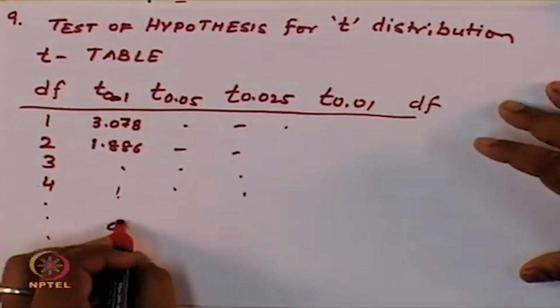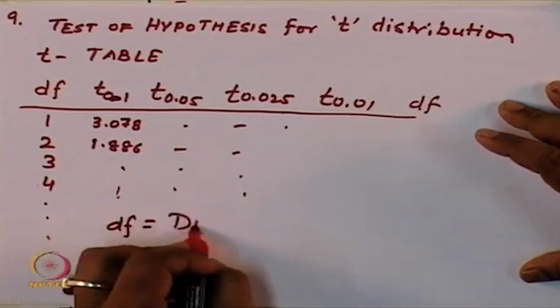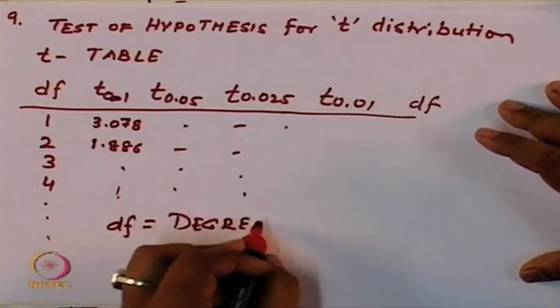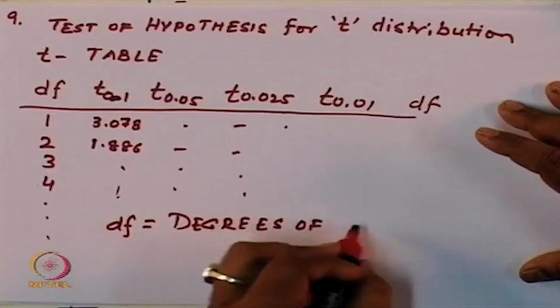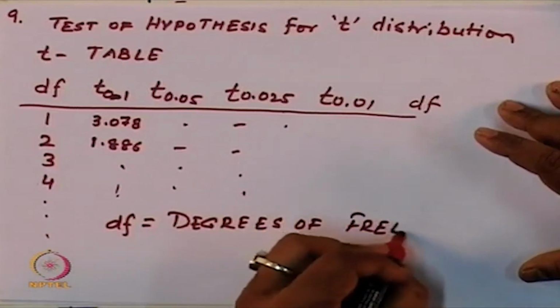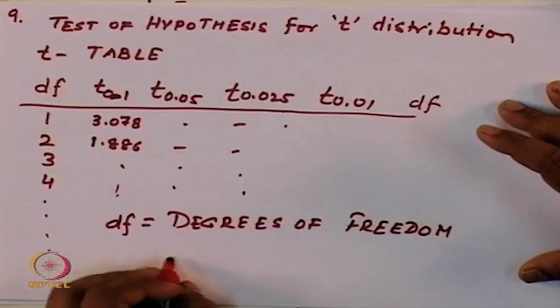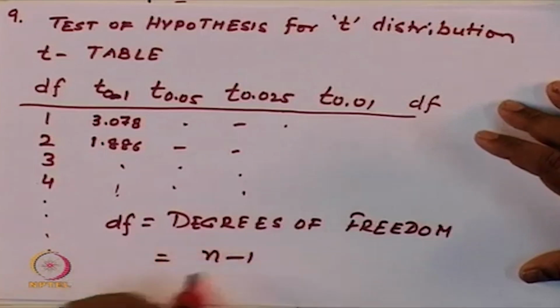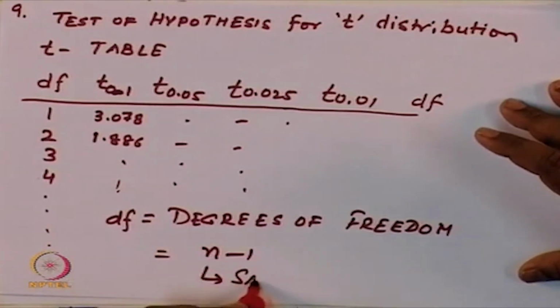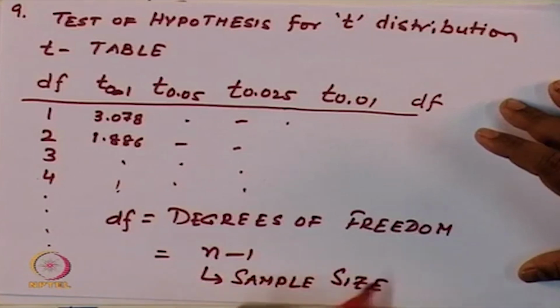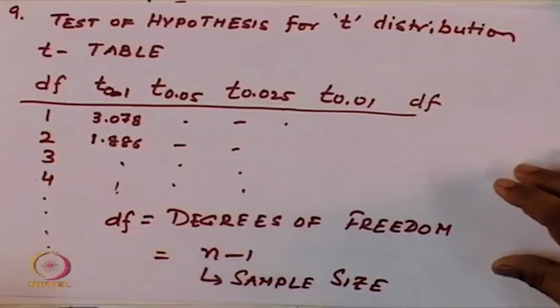So, df, or the degrees of freedom, is nothing but n minus 1. If n is your sample size, df is n minus 1.